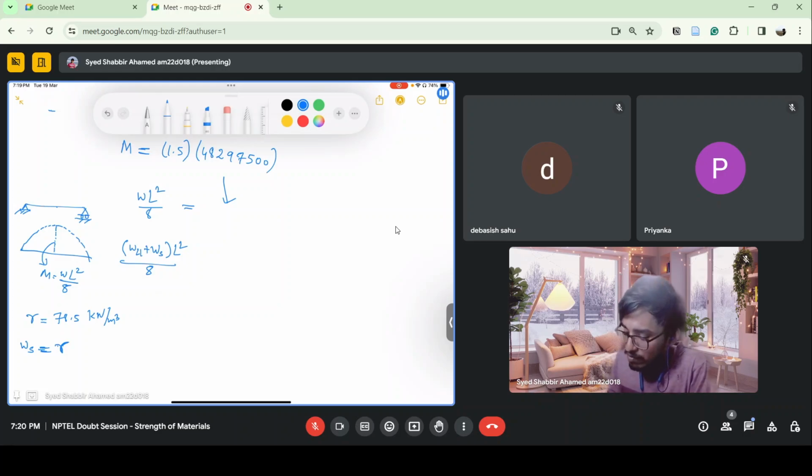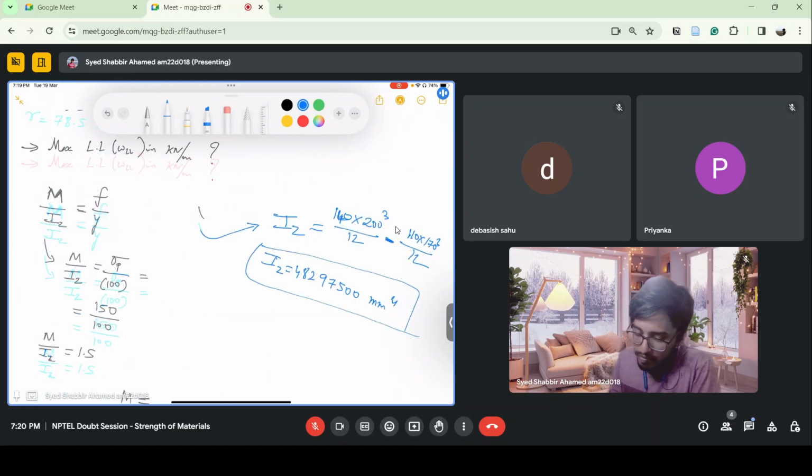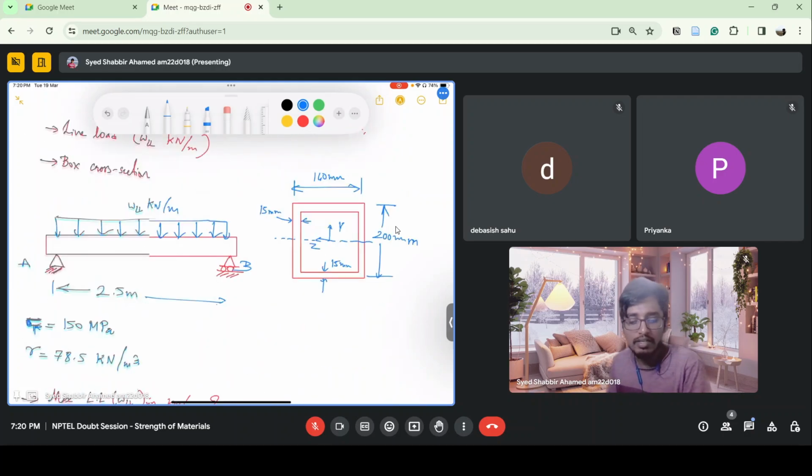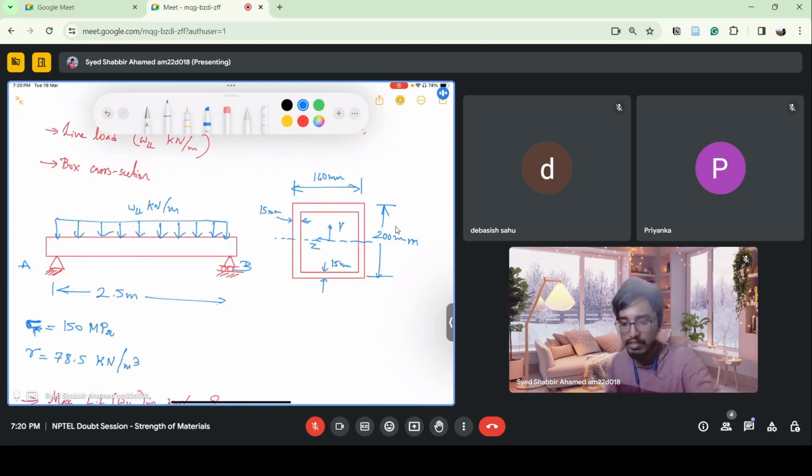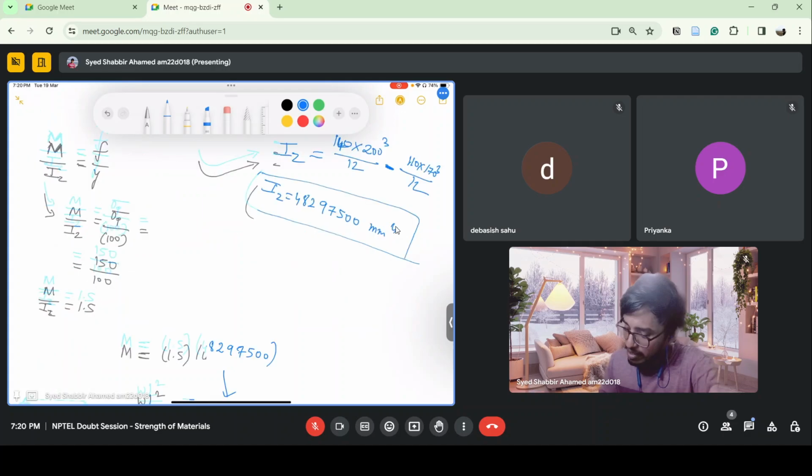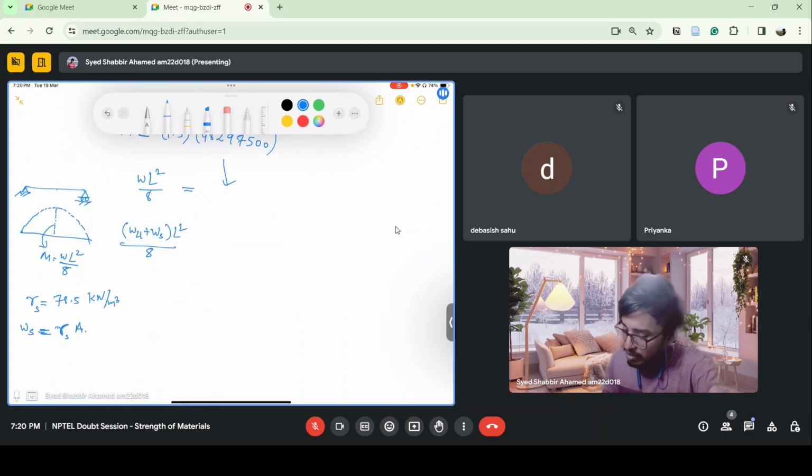The area of cross section of this beam, again you can find out by subtracting the inner rectangle from the outer rectangle: 140 into 200 minus 170 into 110. You will get 9300.